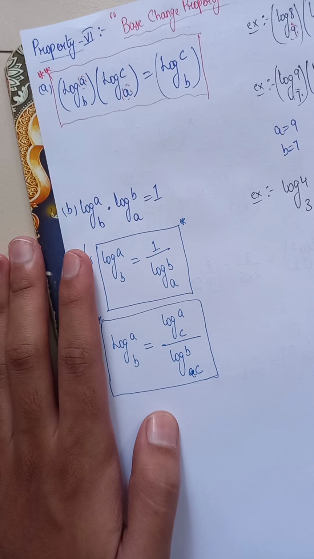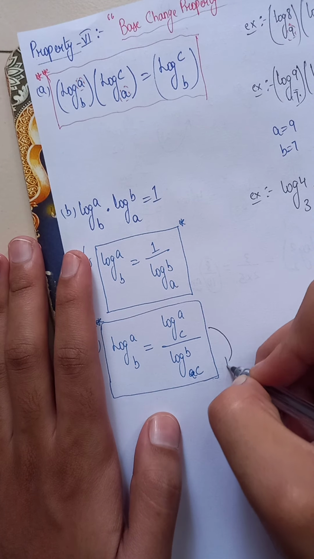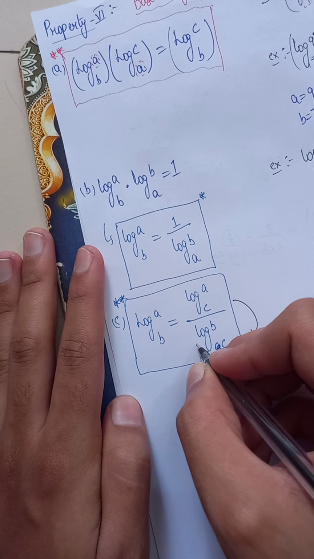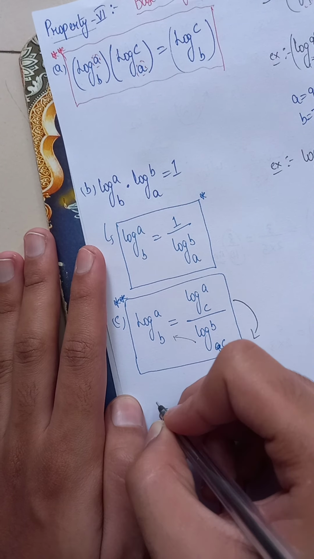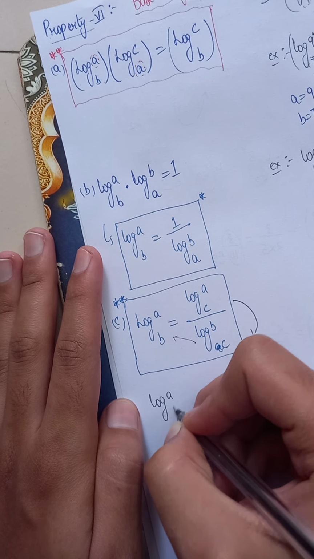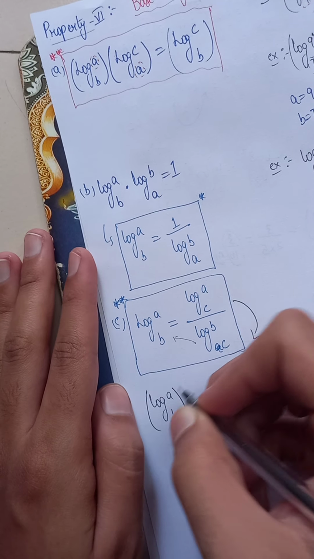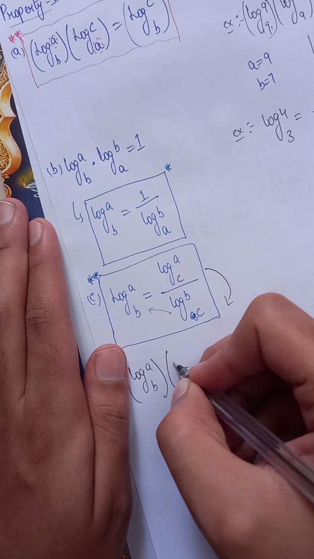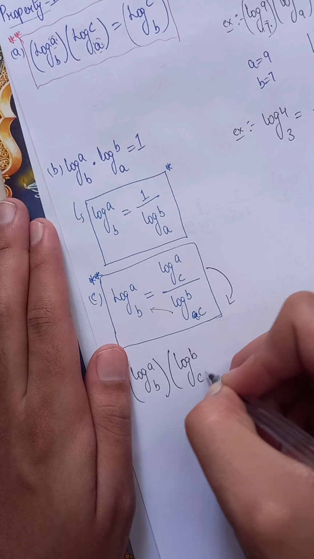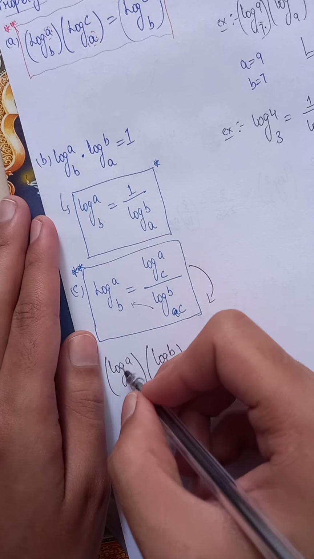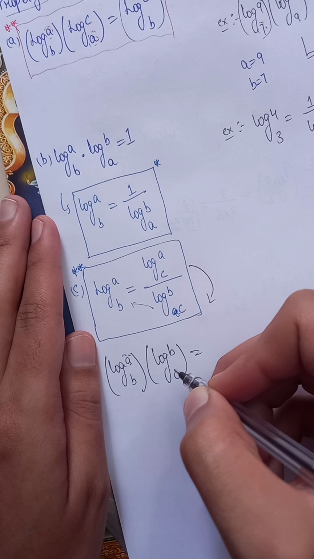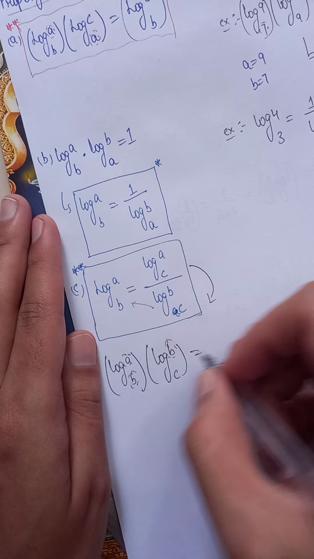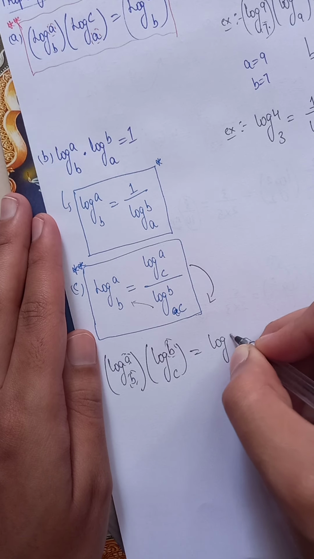How is this similar? You can write this also in the form of log a to the base b. If you send this here, cross multiply, so log a to the base b into log b to the base c is equal to, since the base here and the number here are in common, we can write this as log a to the base c.